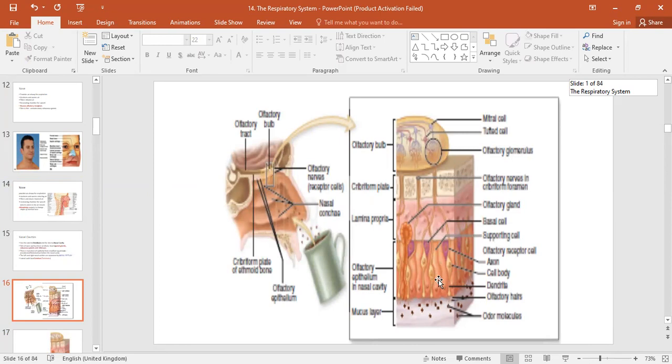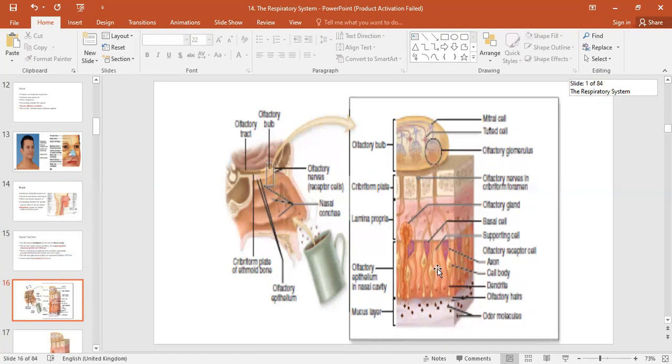These support cells are providing both mechanical and physiological support. So they are providing certain nutrients. They're also providing protection to these sensitive cells called olfactory cells. These yellow ones are called olfactory cells. Olfactory cells are the ones responsible for detecting the type of smell or the type of odor in the air that we are inhaling.